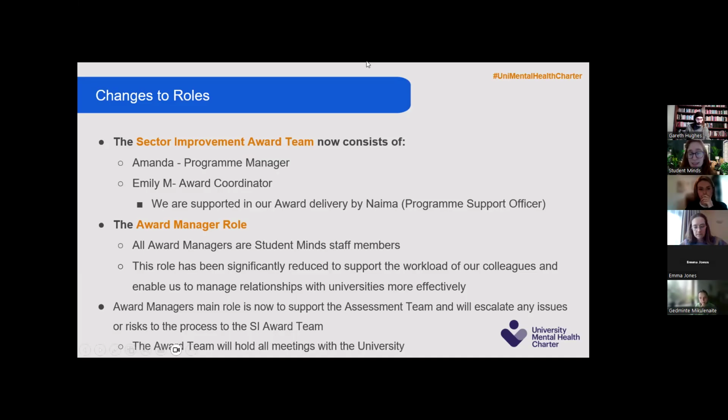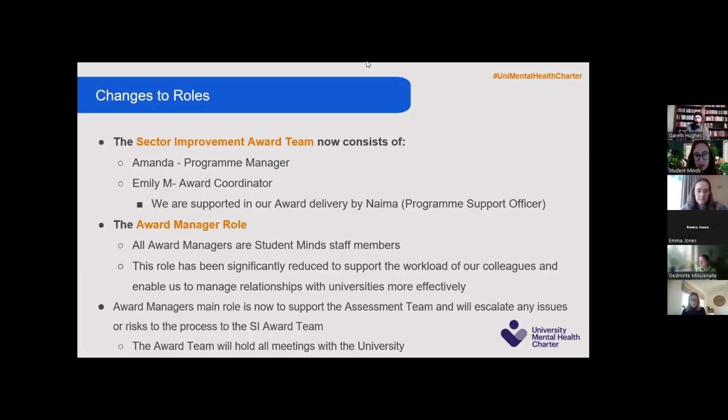The difference is that now the award team is holding all of the relationships with the university. So the award team is doing all of the meetings with universities and all of the admin surrounding the assessments, and we will also be the ones to help you through the report writing phase as well.